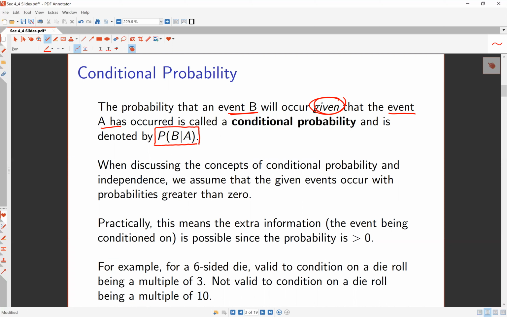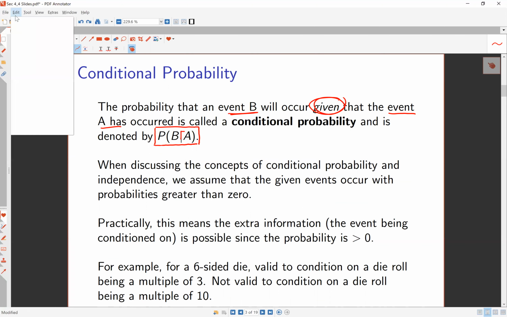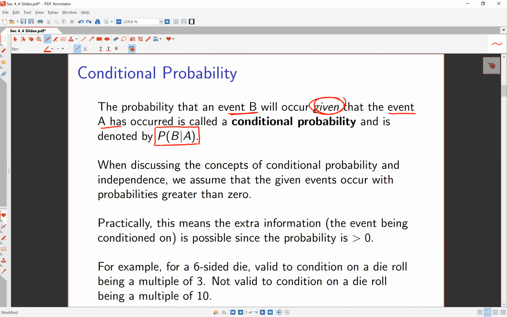The event that we're interested in, B, we write that first, and then we use a vertical line to denote conditioning, and the piece of information that we're conditioning on, we write after that line. So the expression you're seeing here that I put in the red box reads probability of event B given that event A has taken place.